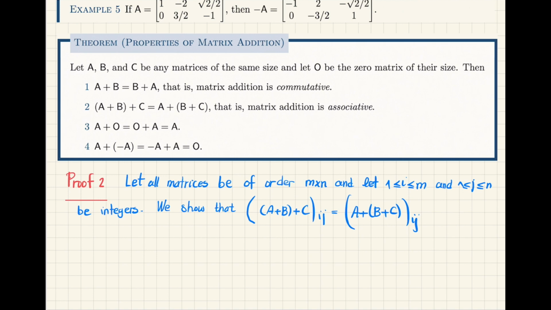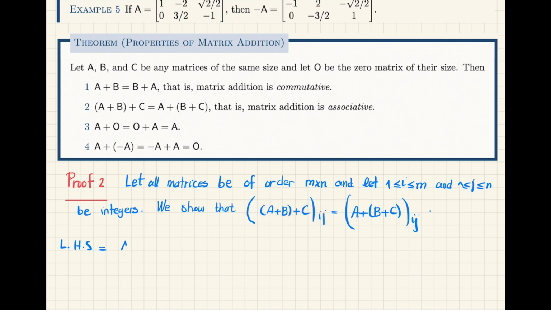We show that this is correct. Okay, how should I do that? I will start with the left-hand side again, as usual. So if I ask you, what can I write instead of the left-hand side? You say that I can assume that this is a matrix, let me call it D, and this is another matrix C. I am interested in the ijth entry of this sum. Of course, you know what is the meaning of this.